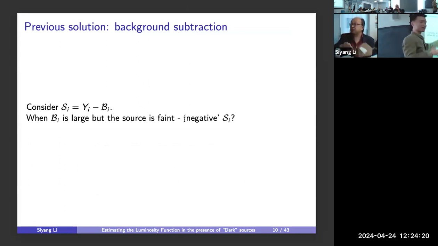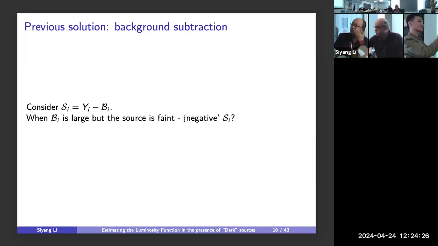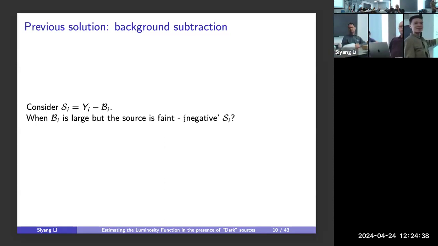However, sometimes the source is so faint that we only observe a few X-ray photons in the source region, but the background can be quite strong. This will give us negative source counts, a negative count of photons. That's not physically possible, so it's not a very good statistical solution to this background contamination problem.